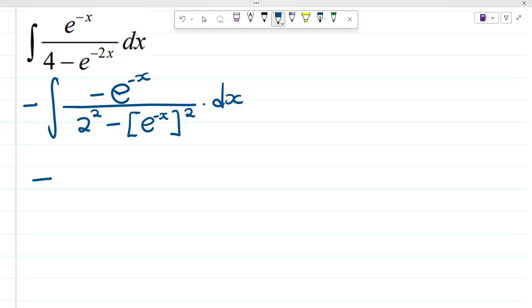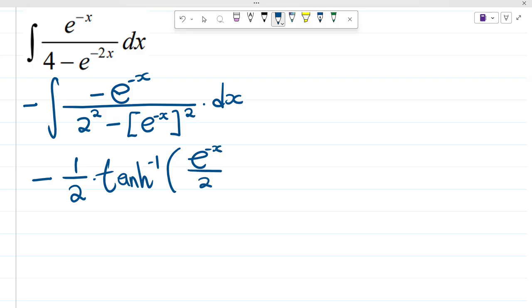Tan inverse is 1 over a, so it's going to be 1 over 2, because our a is 2 here, multiplied by the hyperbolic tan inverse of f of x. f of x is the thing that is squared there, so it's e to the power negative x all over 2 plus c. Ta-da! You have your answer.